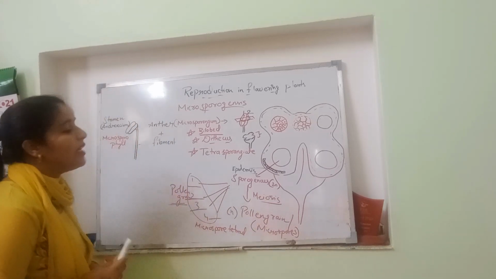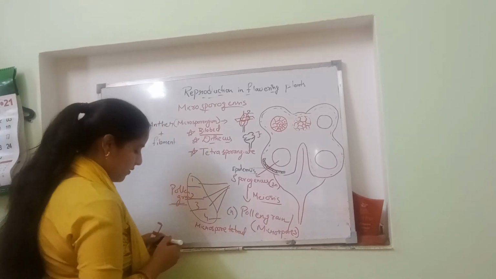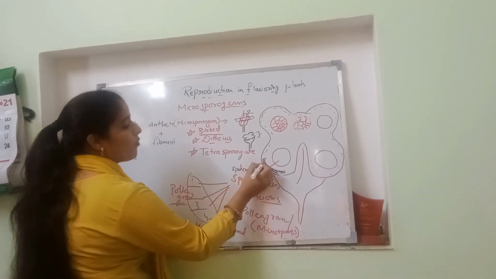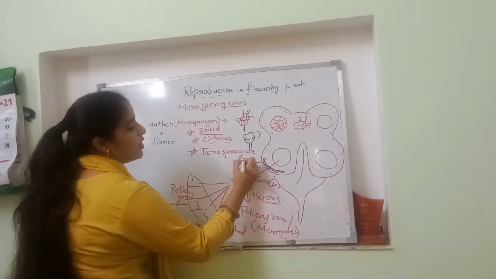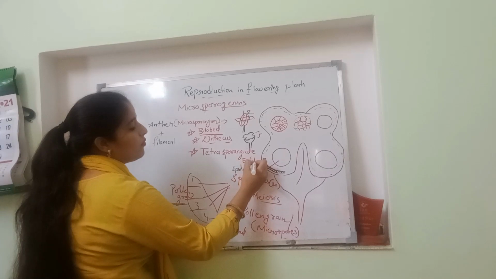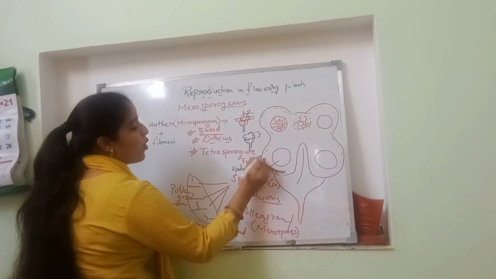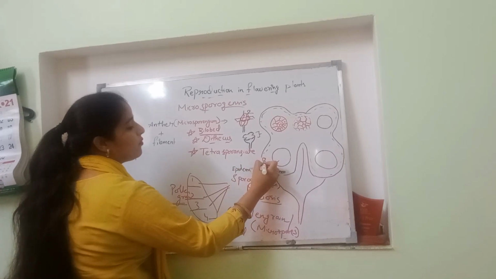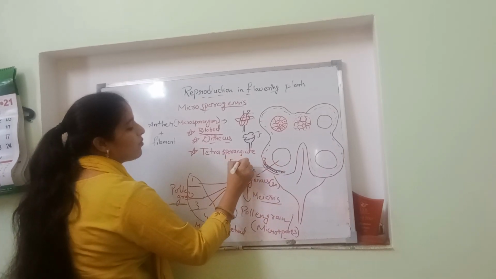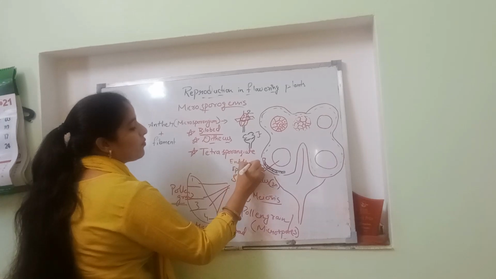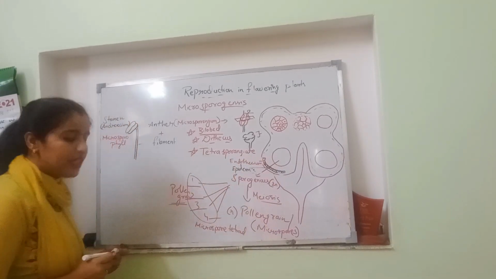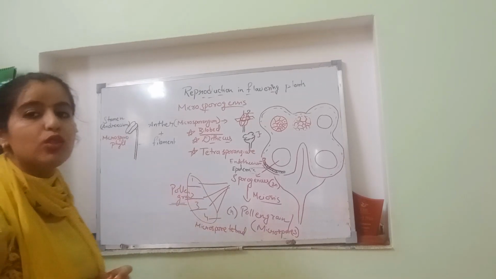And that is with the help of a layer called endothecium. An important layer, endothecium. This endothecium layer helps in the dehiscence of anther.